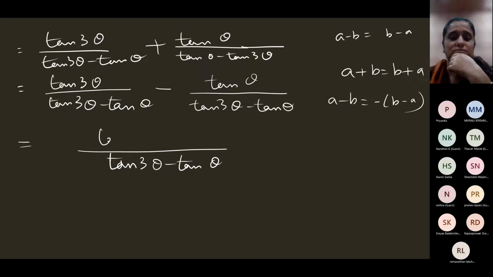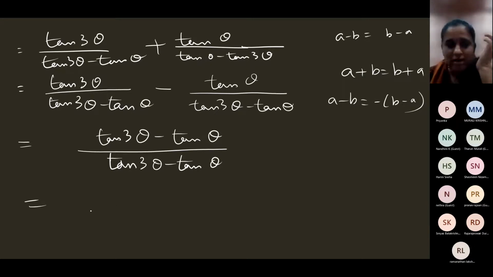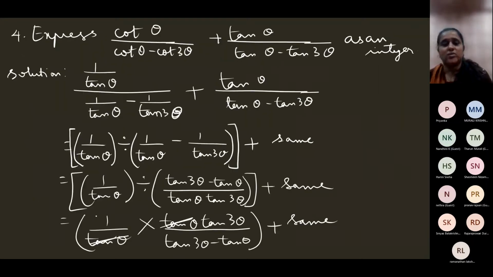Tan 3 theta minus tan theta, ma'am. Correct. So what's the answer? 1. The question was to express as an integer, and see, we got 1. Yes, children, please write down.